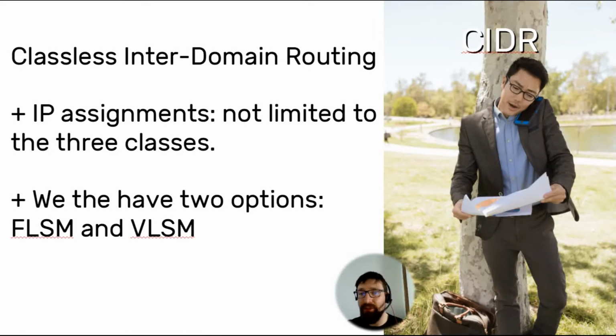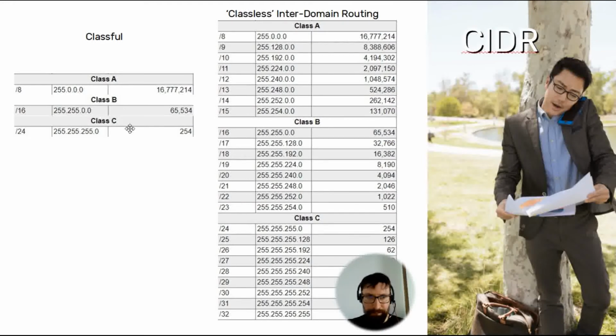Classless routing means you don't have the classes anymore. Well, that's not entirely true. That's classful, the three classes: Class A, 16,777,214, Class B, 65,534, and Class C, 254 IP addresses.